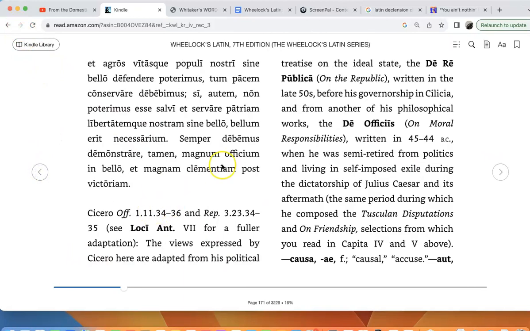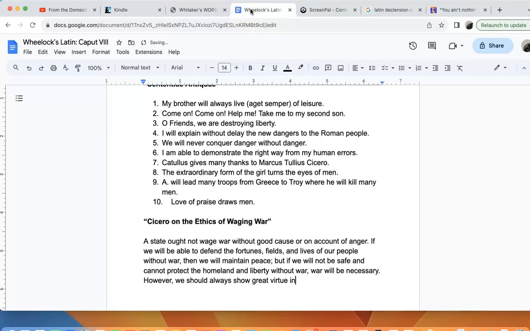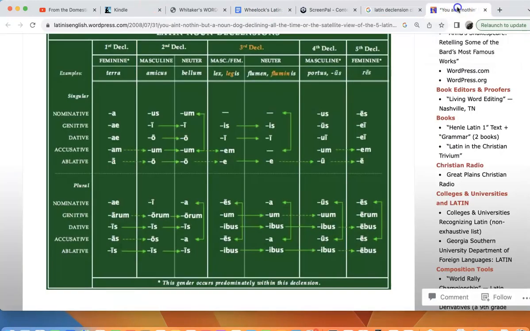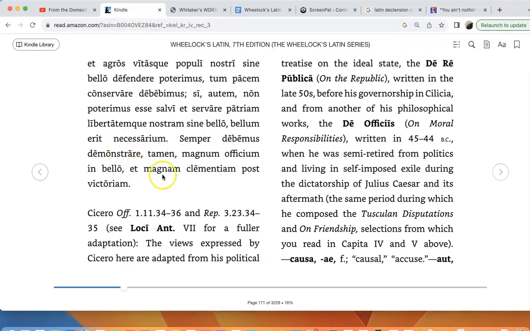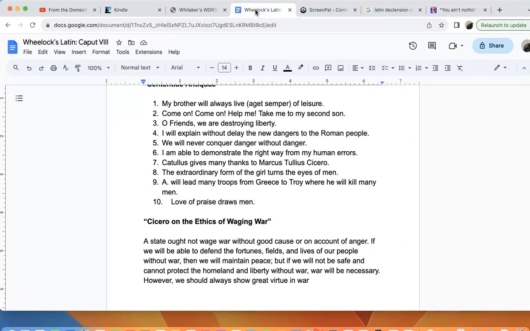So we ought always to show great virtue in war. In other words, having some moral responsibility. So great virtue in war. So in bello, because bello is second declension ablative singular. And great mercy after victory.